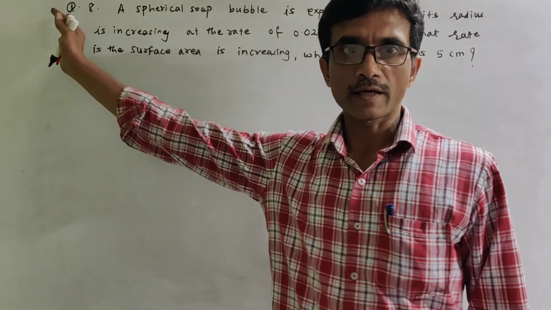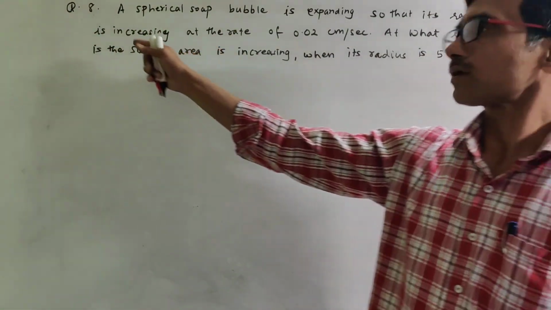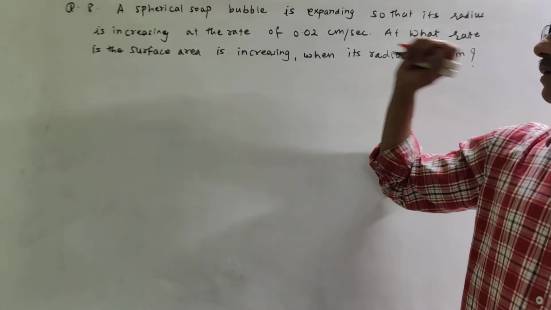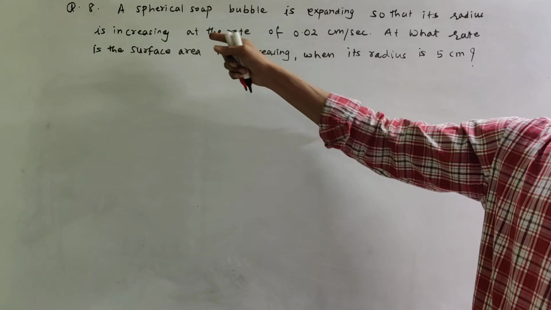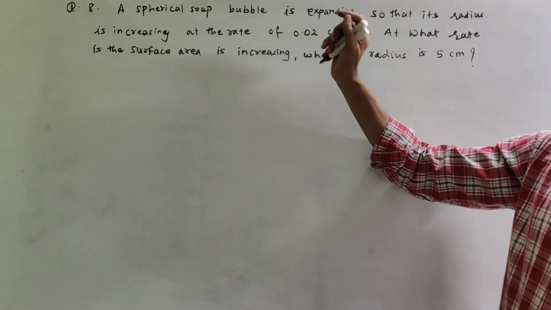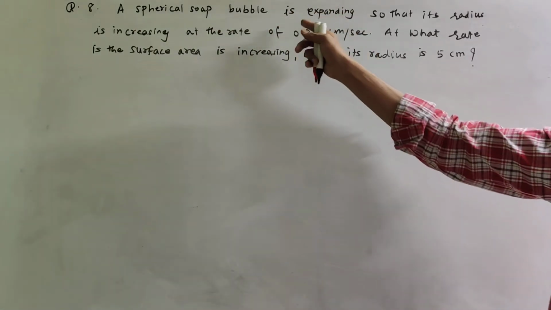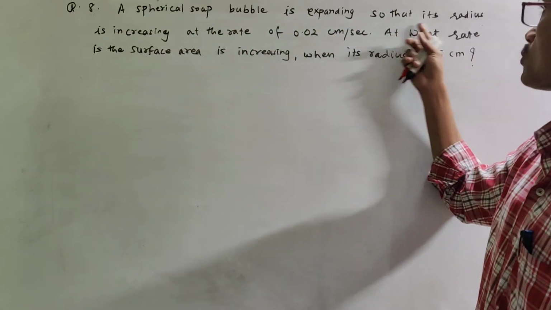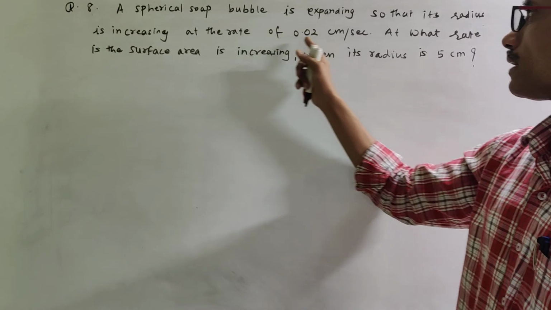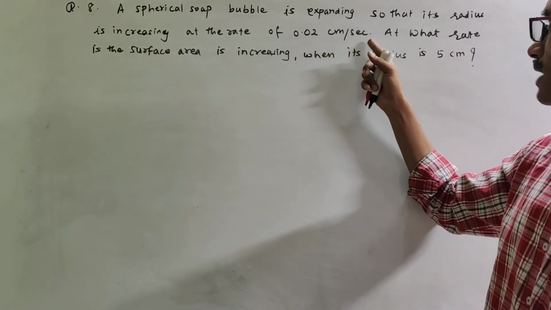Question number 8 is again on related rates or rate measures, which is an application to physics. A spherical soap bubble is expanding so that its radius is increasing at the rate of 0.02 centimeter per second.